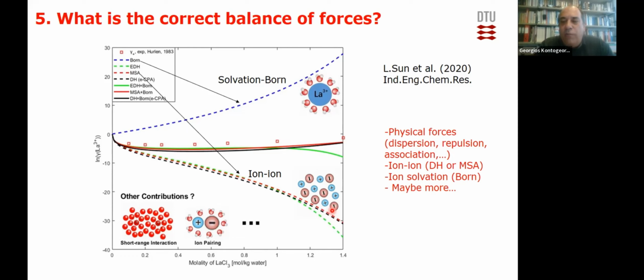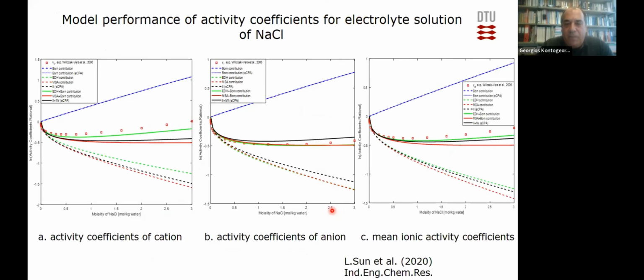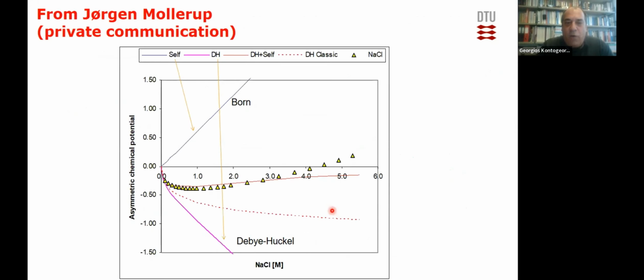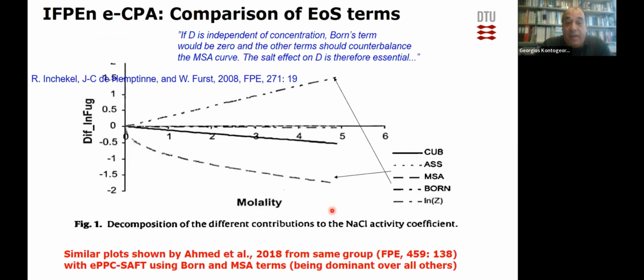So we have a lot of models that show exactly this. This is from one of our studies, also here. It's exactly the same conclusions. From an earlier work from Jan Mollerup, who noticed that and said, okay, that's the correct trend. Then from a work from the group of Jan Sælthun, their version of electrolyte CPA, here they are using the mean spherical approximation.